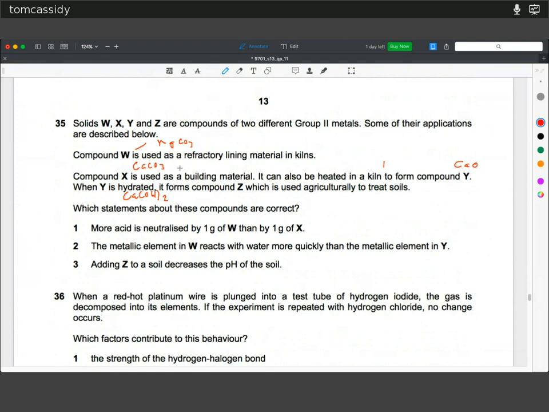Now, because the molar mass of magnesium is less than the molar mass of calcium, if you had 1 gram of that and 1 gram of that, then in terms of amount, the number of moles, you'd have more moles of magnesium carbonate. So it would neutralize more acid than the calcium carbonate. So that's correct.